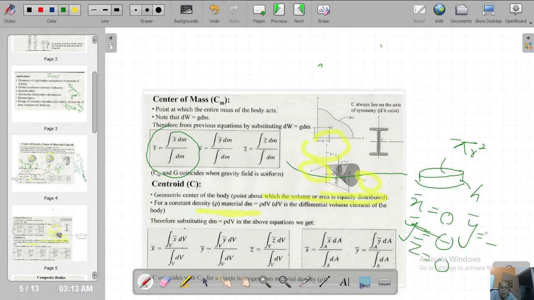If you have structures in which you have one symmetric axis, for example, if you come here and you see you have one structure here, a beam, then you have got another beam, and you have a very large thing.